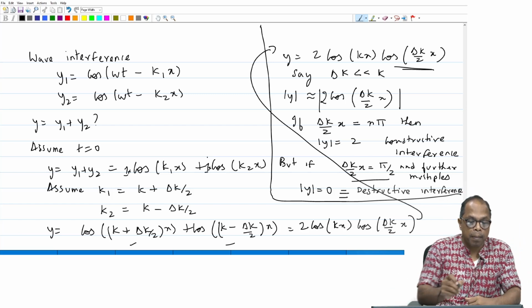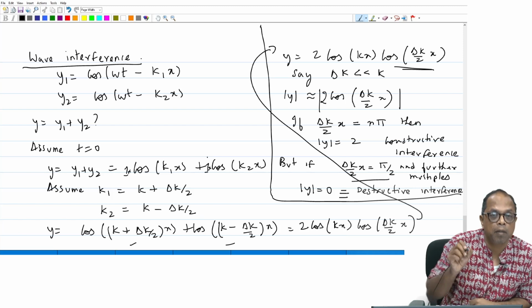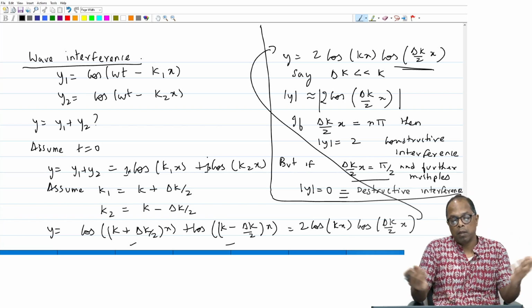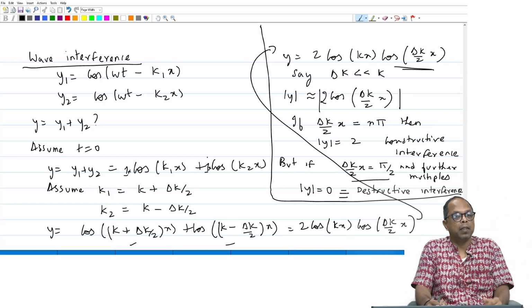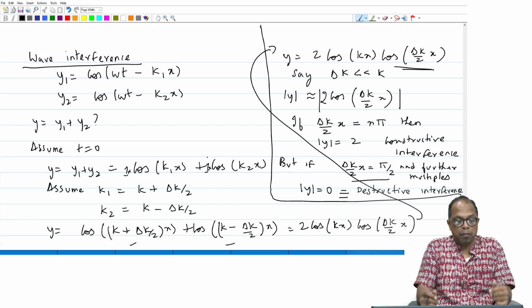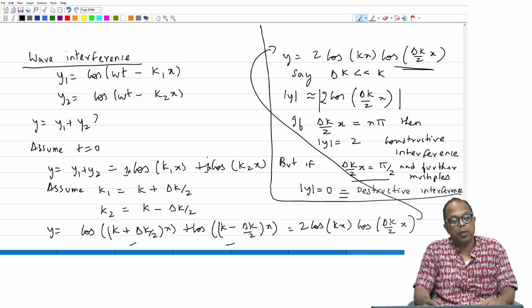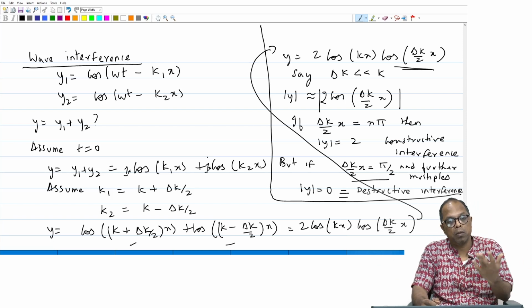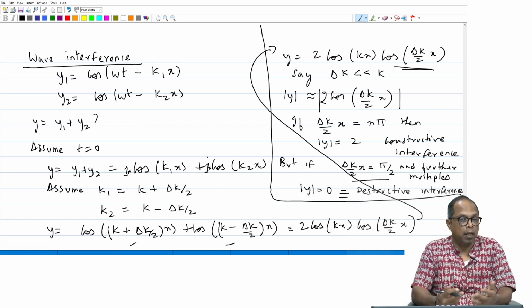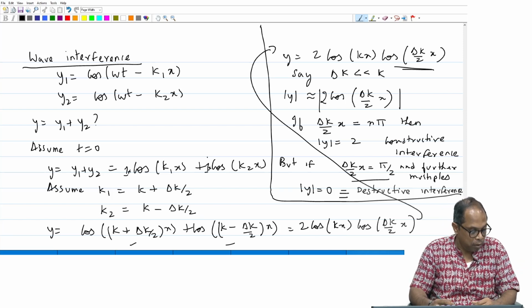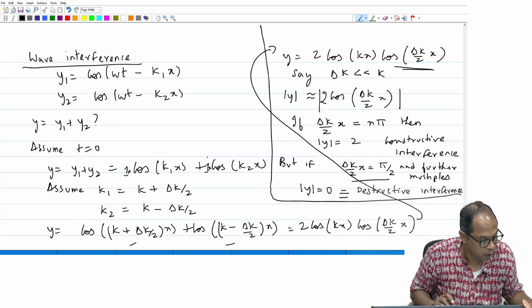Okay, right. So that's the concept of wave interference, where you have two waves that differ in phase, they add up. If they are in phase, the amplitude of the resultant goes up. If they are out of phase, they cancel out each other.